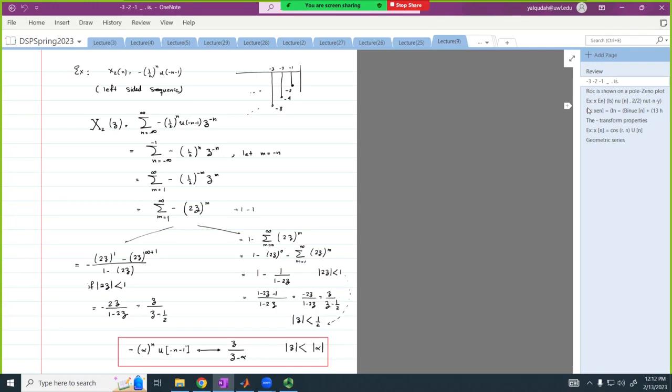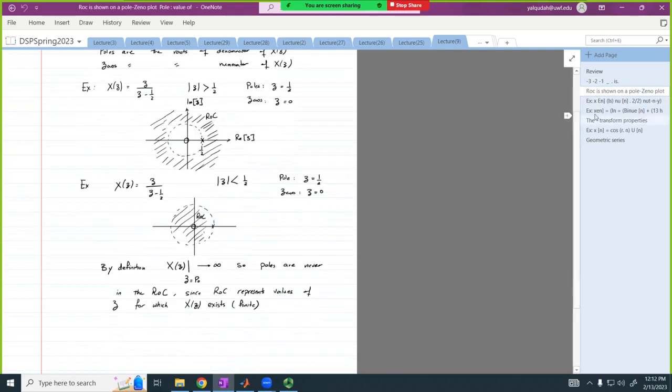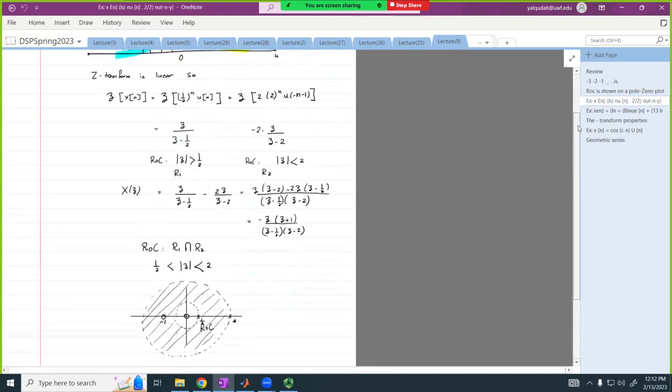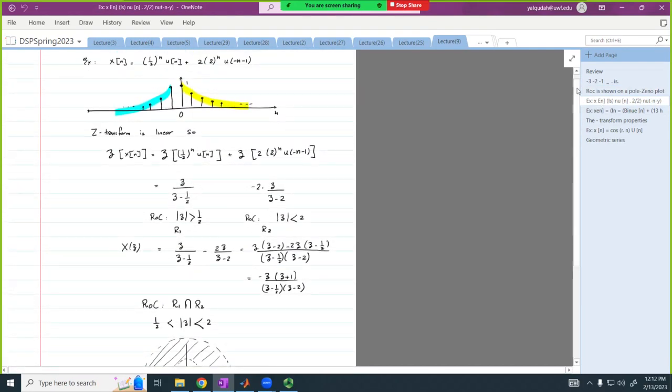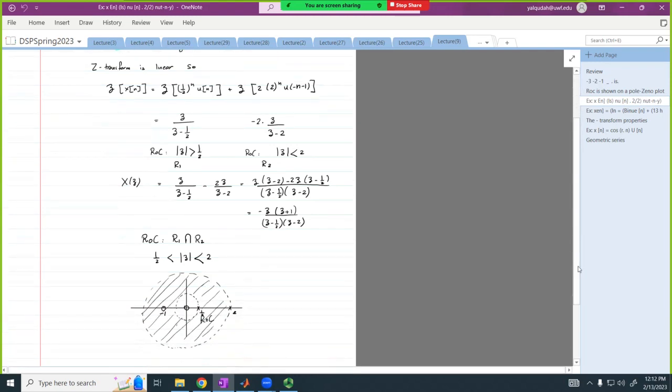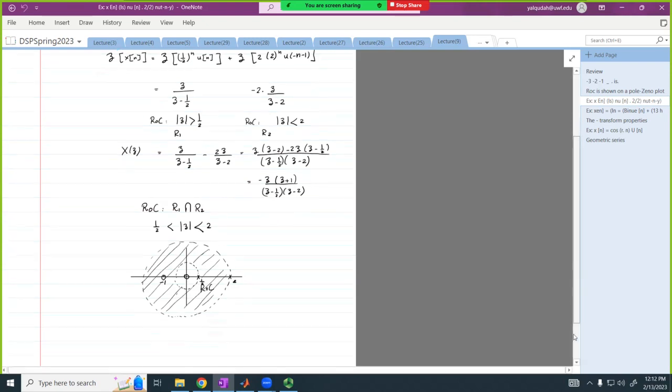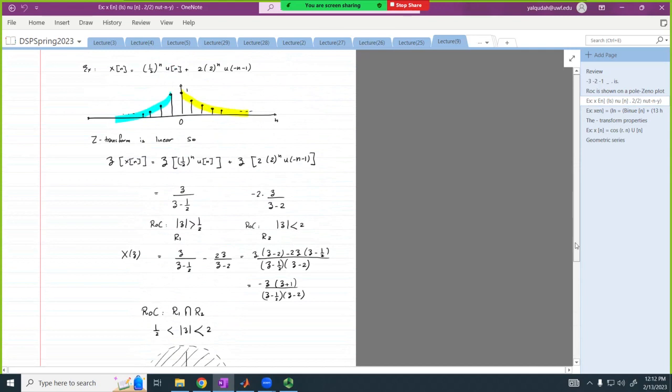One that is left-sided, one that is right-sided. So if we add them together, they're going to give me the overall sequence. Here, we have a sequence that is both-sided. It's going to give me the annular ring. So this is similar to the example we're doing. Does that make sense? So what was this, lecture 9? Page 4.